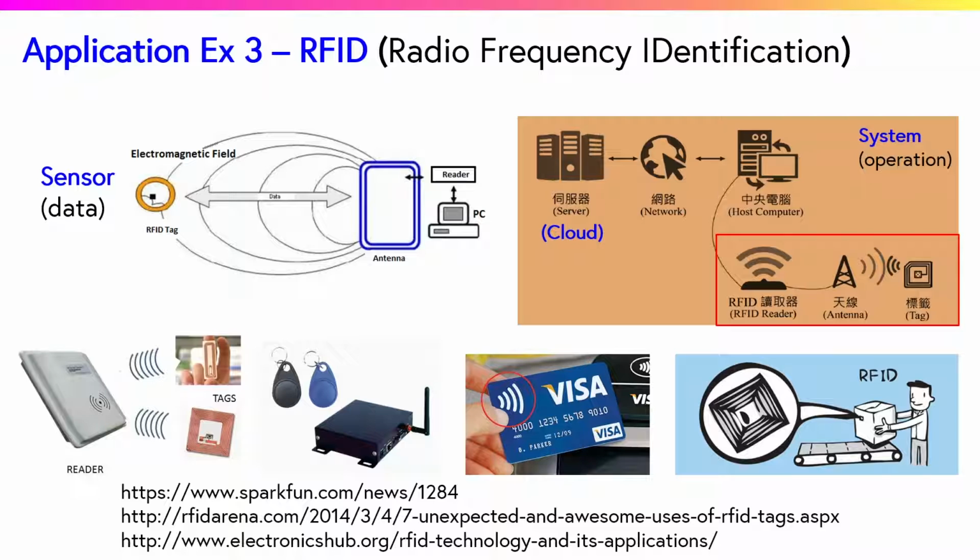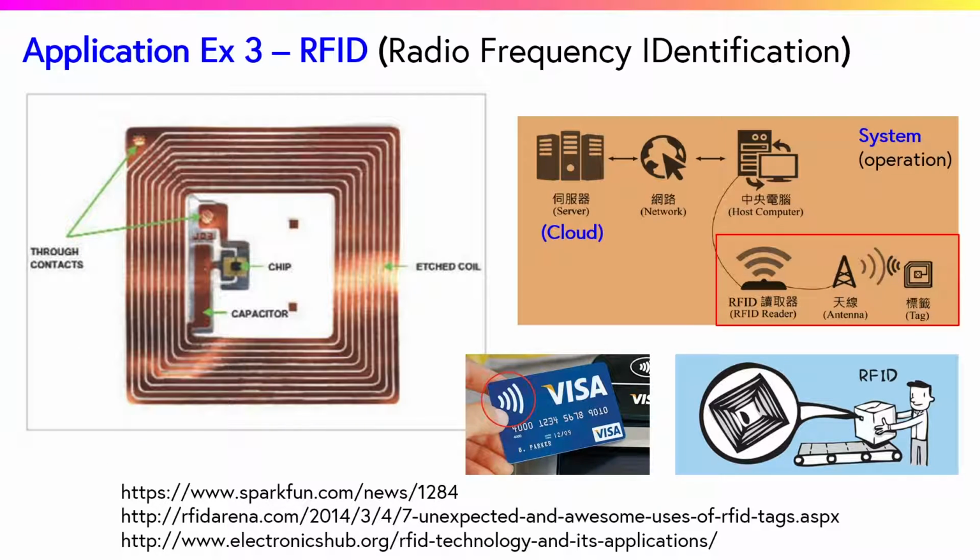Down below we have some examples. You can see we have passive examples. The last one here is something like a circuitry. You see lots of copper loops. It represents the antenna.